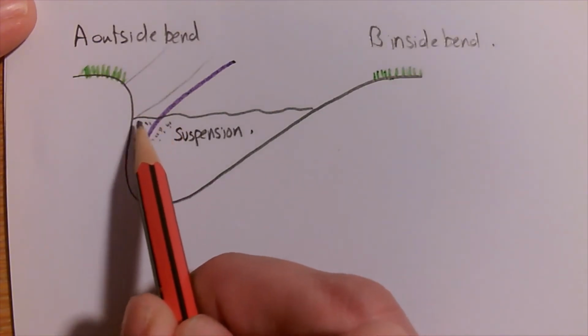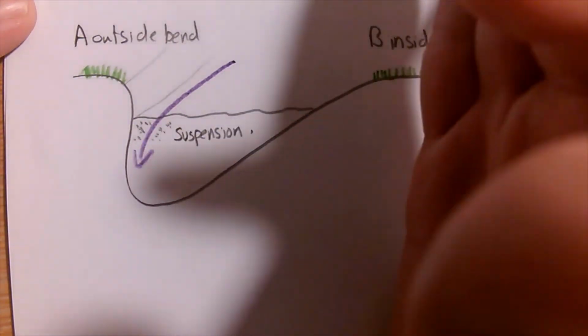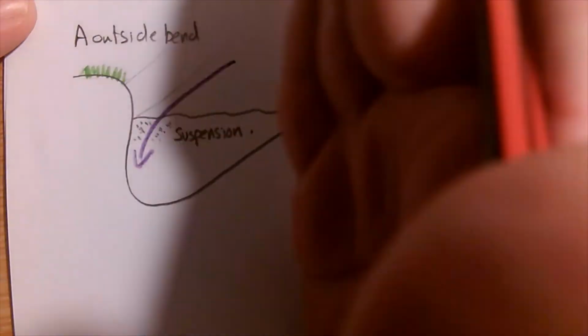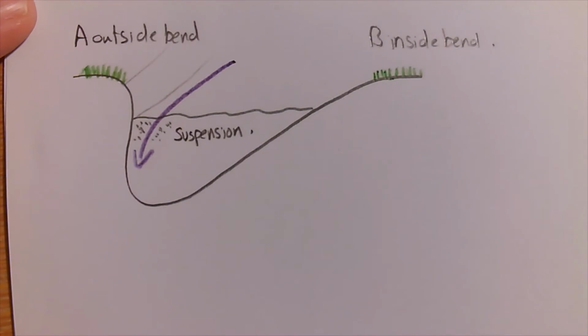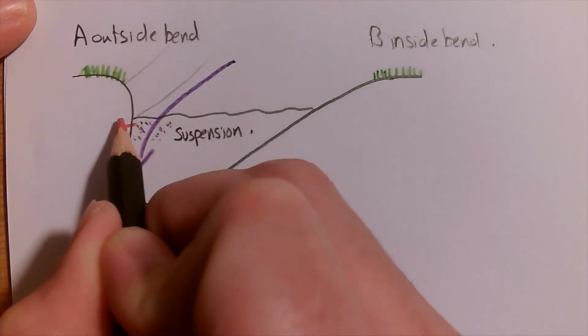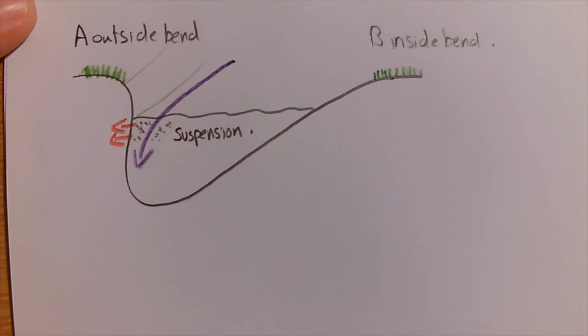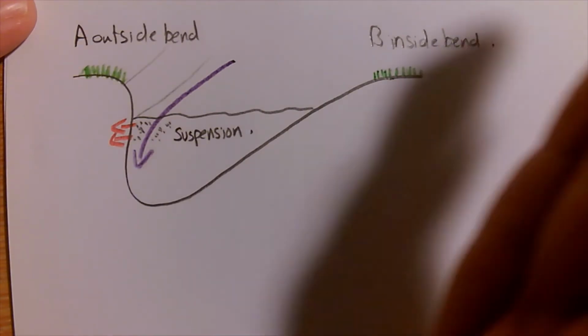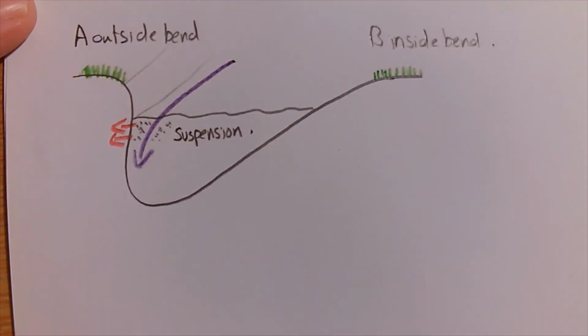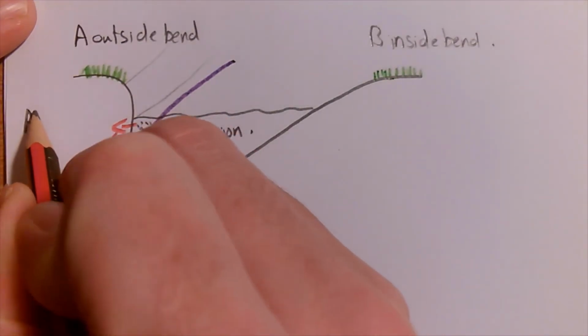That fine silt and sand being rubbed by the water against this bank here is going to cause erosion, and that type of erosion, where material is scouring or abrading a surface, is called abrasion.